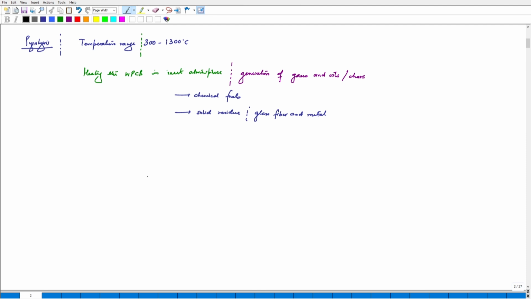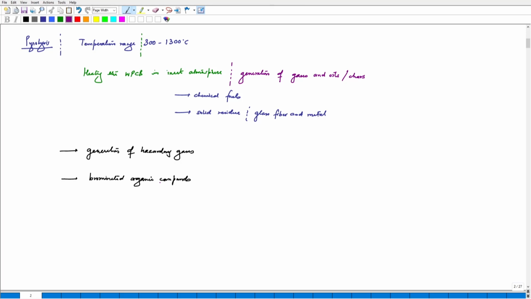Now, one of the key drawbacks for delamination itself is that we have generation of hazardous gases, and we have brominated organic compounds, which are difficult to process, and these are really hazardous.